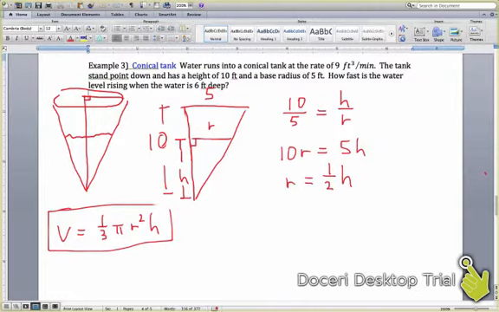So now, using our volume formula for a cone, volume is 1/3 pi r squared h. But r is 1/2 h. So you can substitute that in there, and we will be in terms of just h.